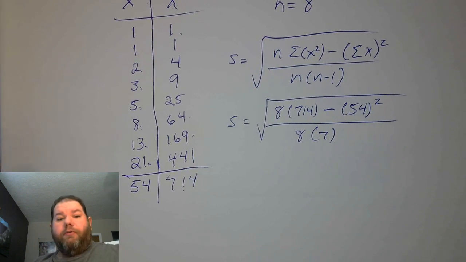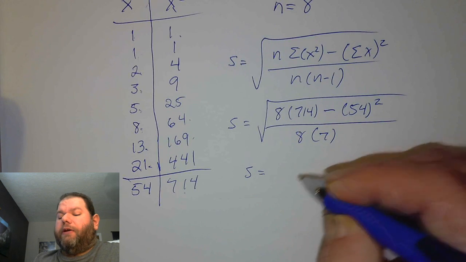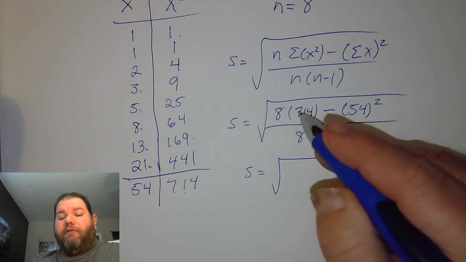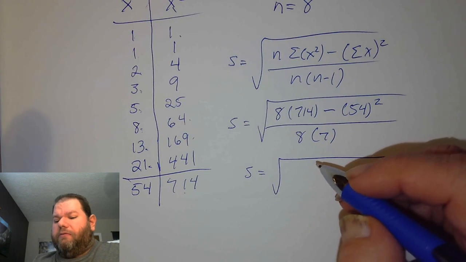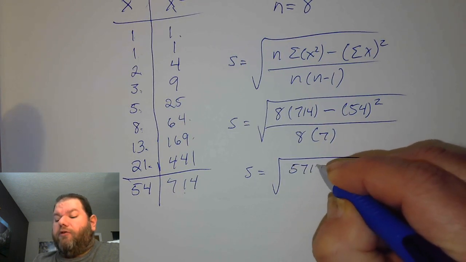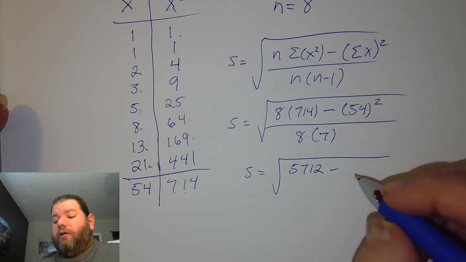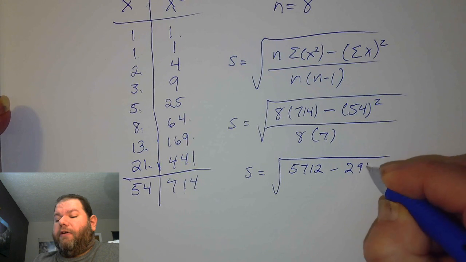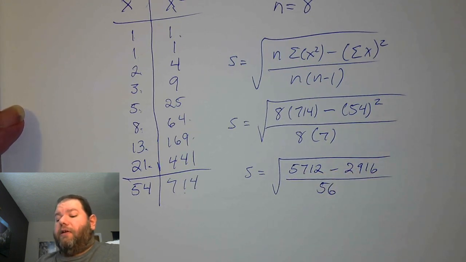So at this point, we just need to calculate what's here. We take 8 times 714, which is 5712. Then we take 54 squared, which is 2916, and then divide by 56.